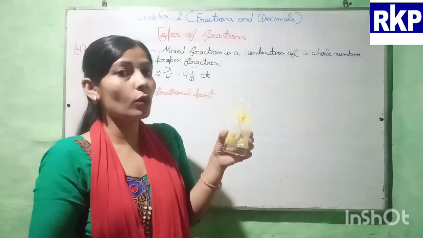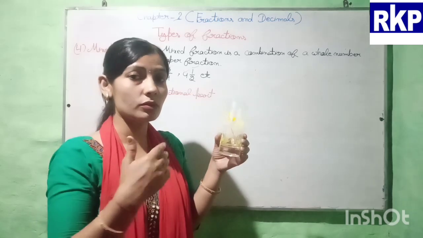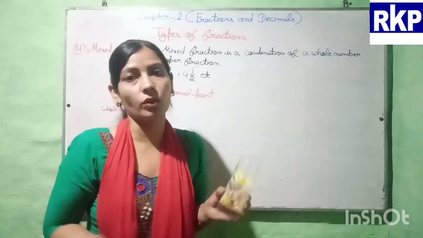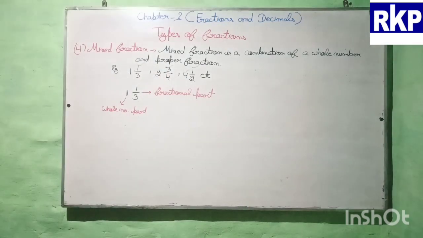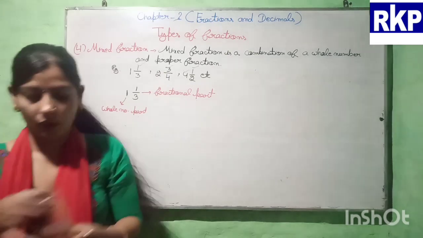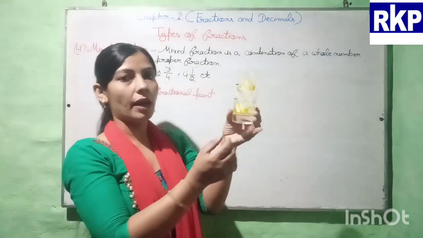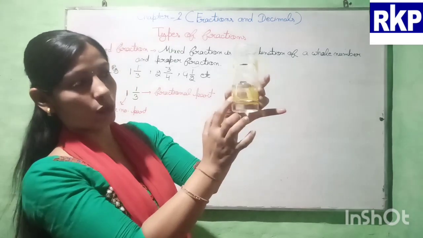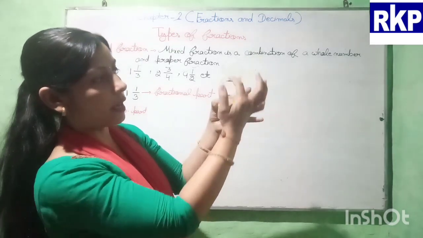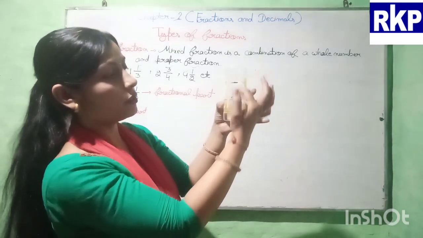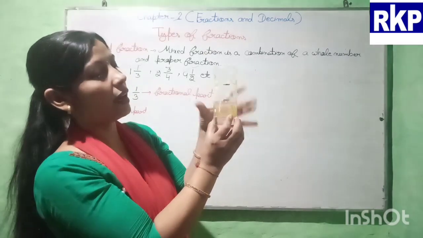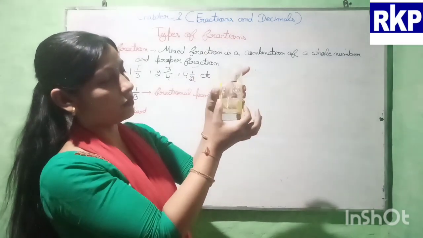But now also I am thirsty, so I want to take some more water. So now I am having this water also. Here you can see, I have divided it into 3 parts.